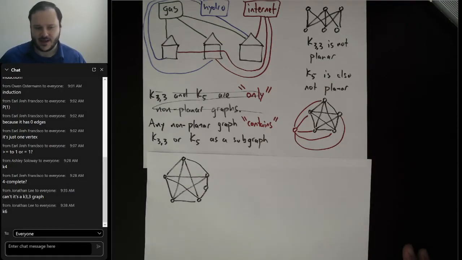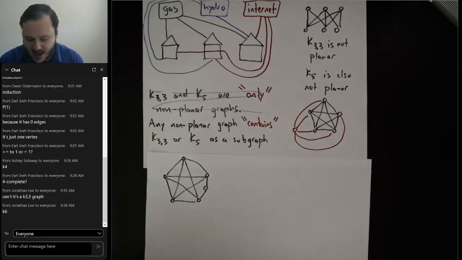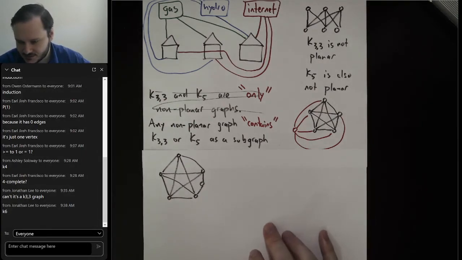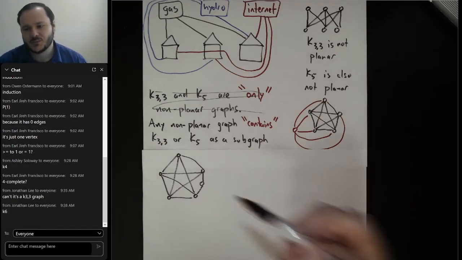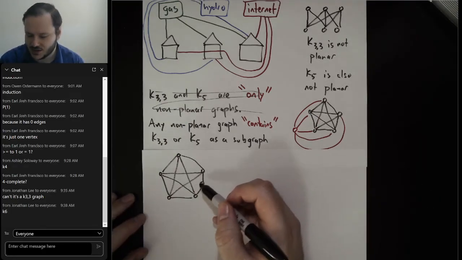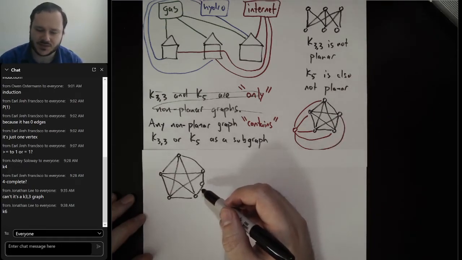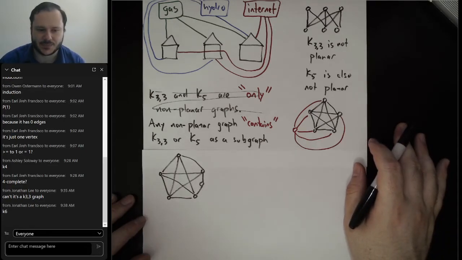It's not a K5, and it's got 6 vertices. These two guys aren't connected to each other. If I added in that edge, then it would contain K5 as a subgraph. That'd be fine. But look, it doesn't. There's no K5. But do you really think that turning this edge into an edge with a vertex in the middle helped? It didn't help. Come on. You're being silly.